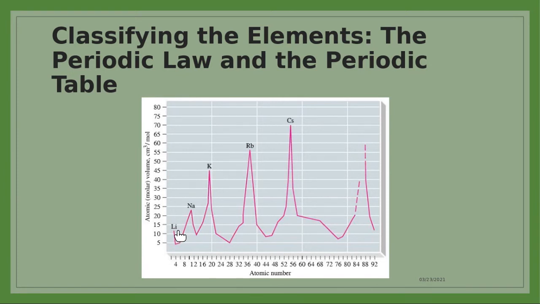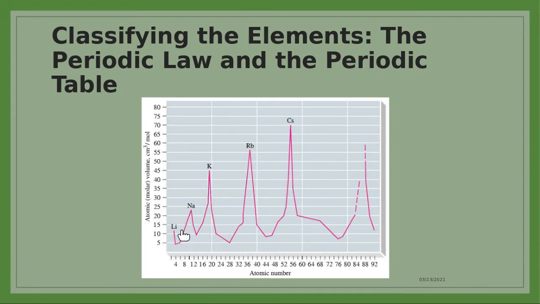Lithium is at the top of the group and cesium the lowest. Non-metals fall on the ascending portion of the curve, and metals are at the peaks, on the descending portions, and in the valleys.